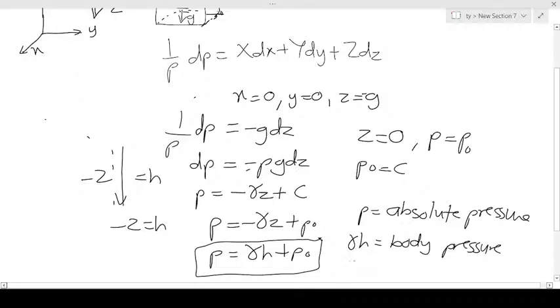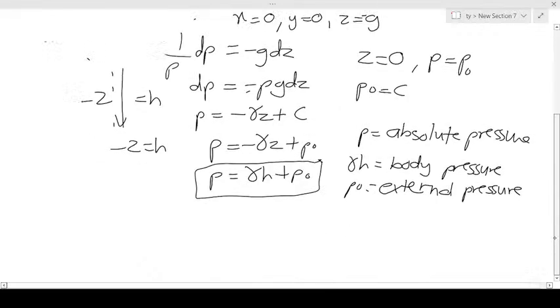And then we say P naught is our external pressure. It can be atmospheric pressure, or it can be pressure from a fluid of different density. So these are the defined parameters for hydrostatic pressure.